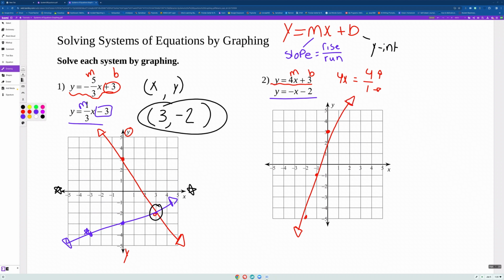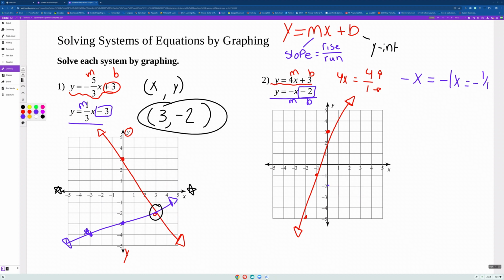So y equals negative x minus 2. Well, negative x is equal to negative 1x. So because this is my slope and this is my y-intercept, my slope is then going to be negative 1 over 1. And my y-intercept is going to be a negative 2.